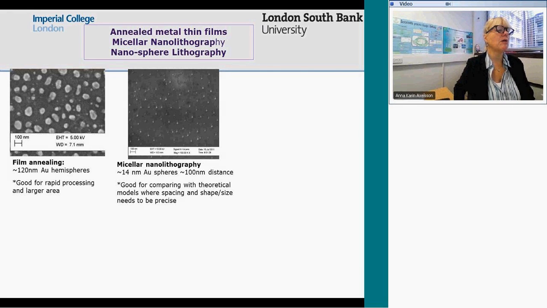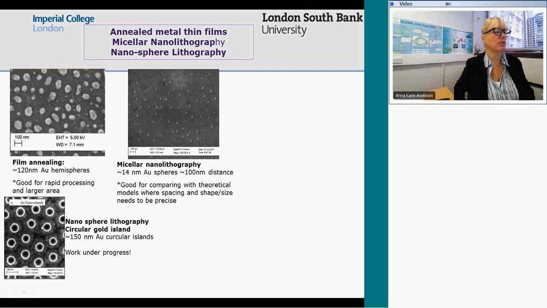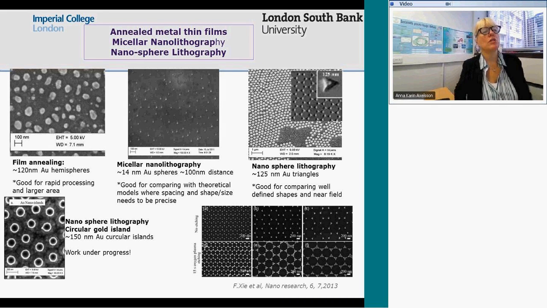The nanolithography, as I said, is very good if you want to evaluate the very specific space in between them. You can't do that over large areas. And here's an example of the gold disc, the circular disc on the surface, and examples of the triangular shapes from the nanosphere lithography.